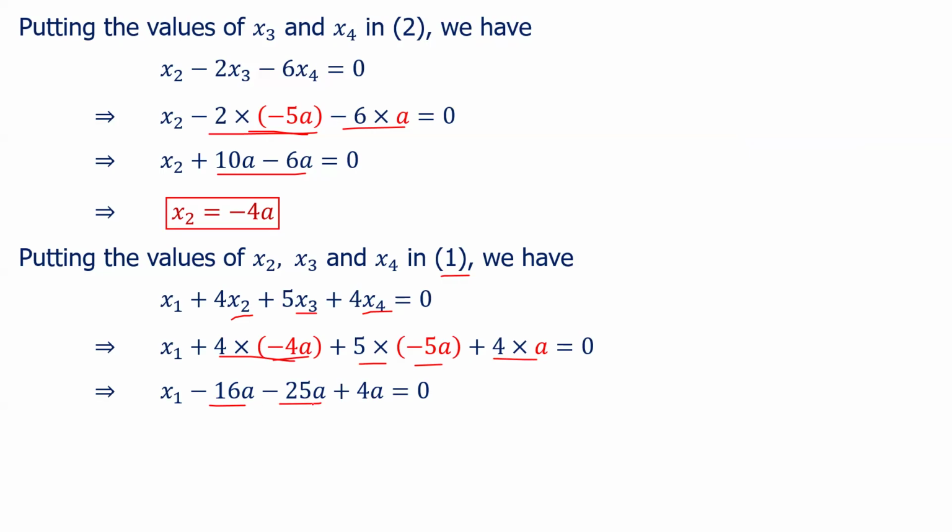Minus 16a minus 25a is minus 41a, plus 4a, which gives us x1 equal to 37a.